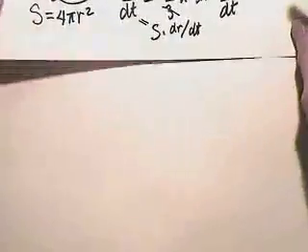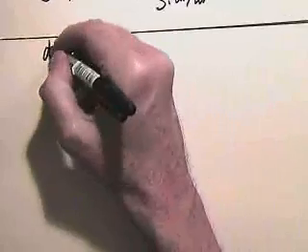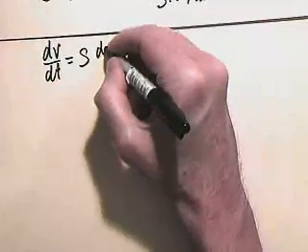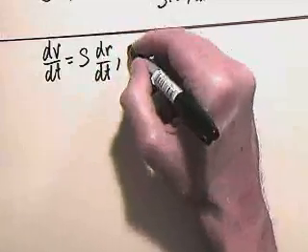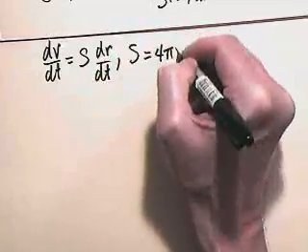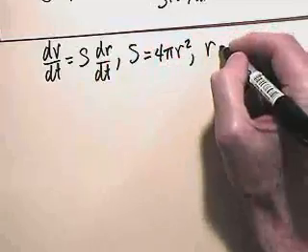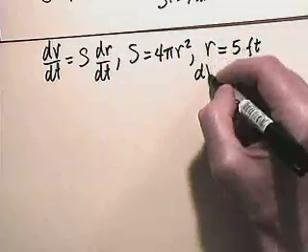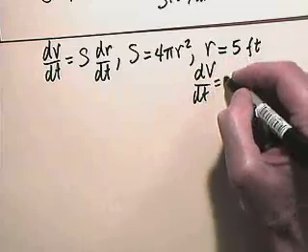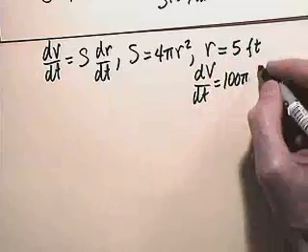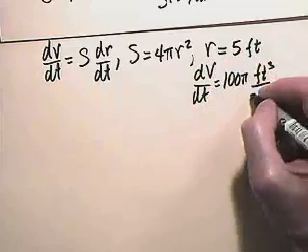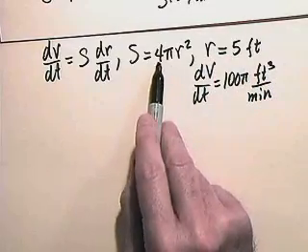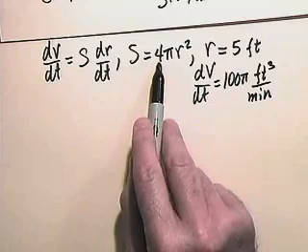We have dV/dt equals S dr/dt, with S equal 4 pi r squared. The instant we're interested in, r is 5 feet, and we know dV/dt is 100 pi cubic feet per minute.